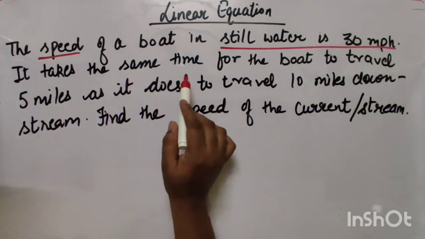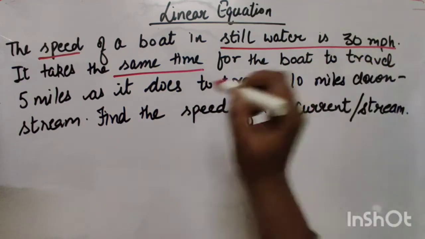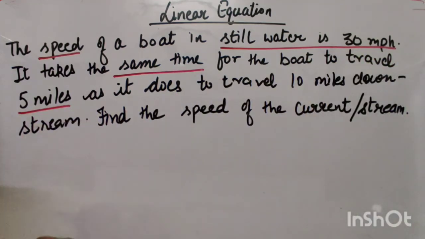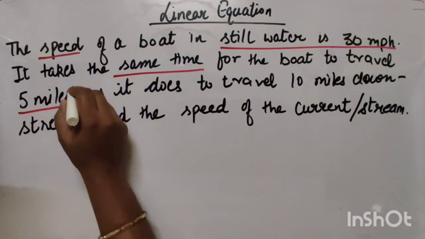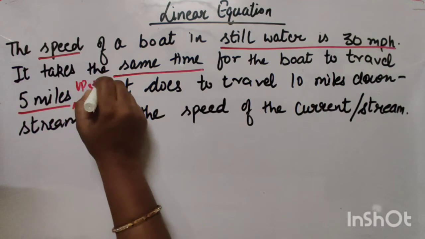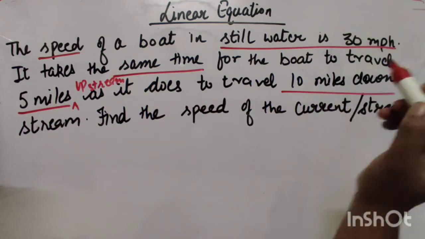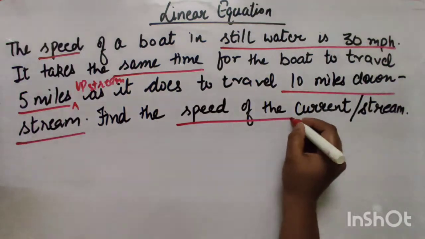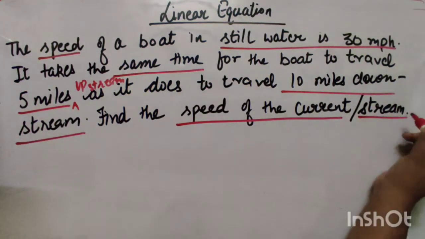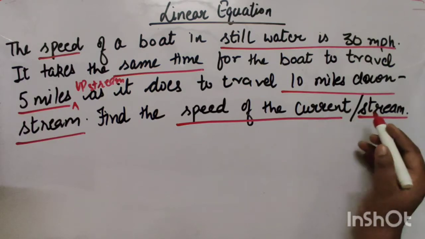It takes the same time for the boat to travel 5 miles upstream as it does to travel 10 miles downstream. So what do we need to find out? We need to find out the speed of the current or the stream. Both words have the same meaning, current or stream.